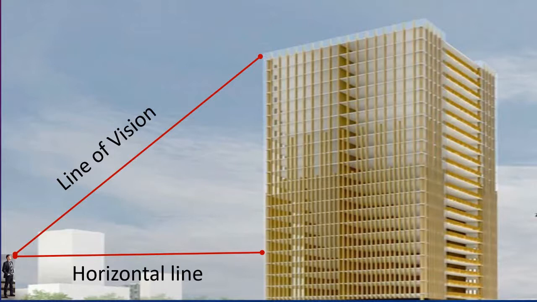Now there is an angle which forms between the line of vision and the horizontal line. That angle is called the angle of elevation. So basically the angle of elevation is formed when an observer is looking above the horizontal line.